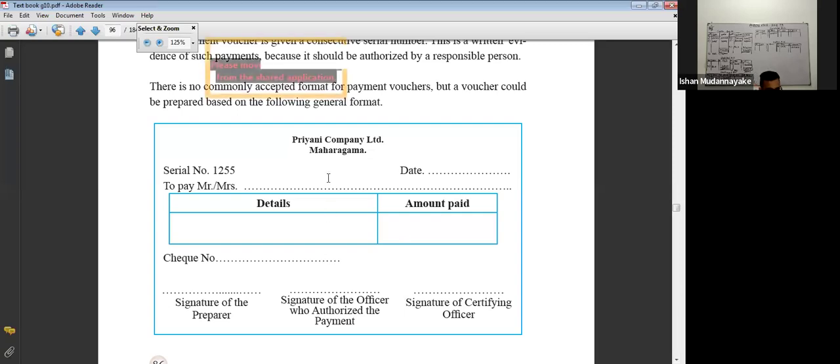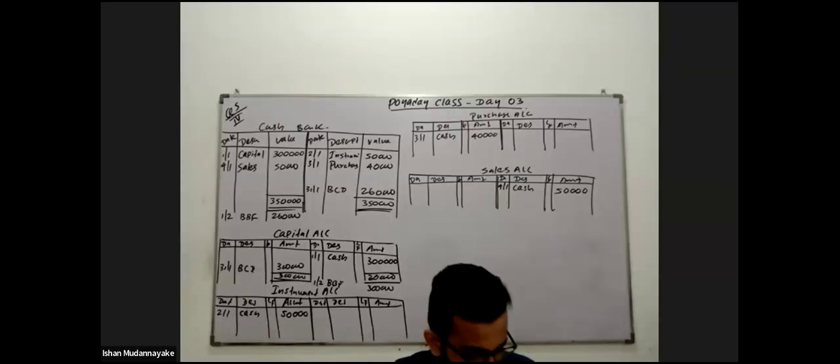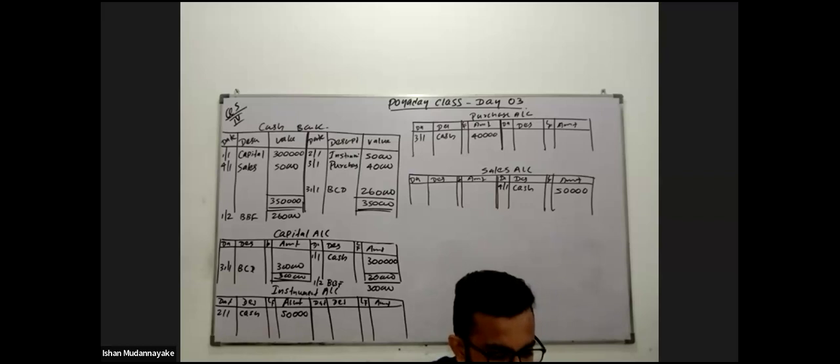Here, in this company limited, the business can transfer the responsibility to the signature of the person who prepared it, the signature of the officer who authorized the payment, and the signature of the certifying officer. These are the responsible persons for this transaction. Okay, next. Question number 6, 1 and 2.